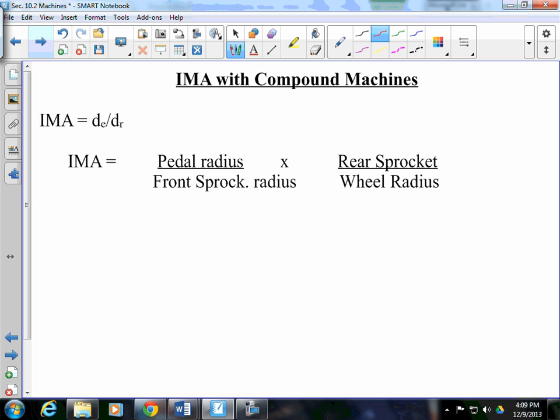Moving on to ideal mechanical advantage. It is going to be the same way. Ideal mechanical advantage is equal to dE divided by dR. That's equal to IMA1 times IMA2. Now remember, the equation for IMA is dE over dR. So if we take that, the distance of effort is our pedal.